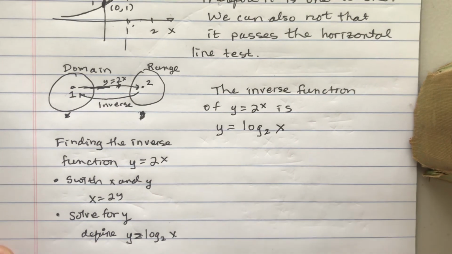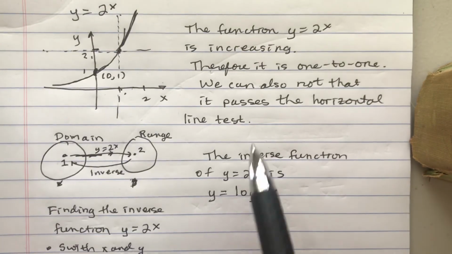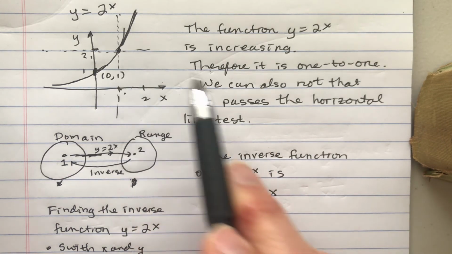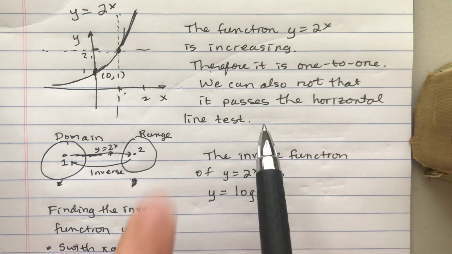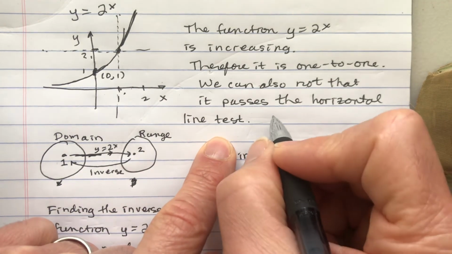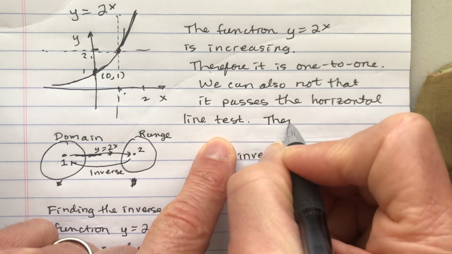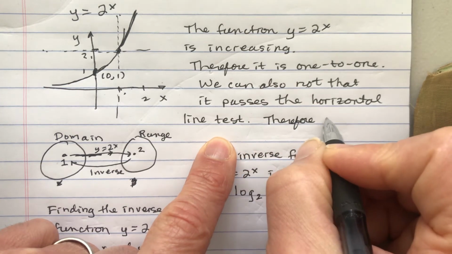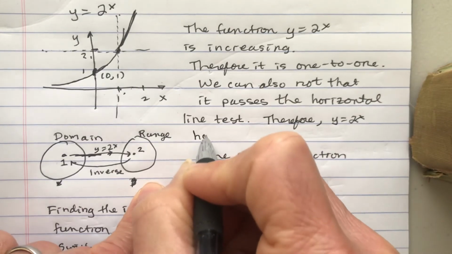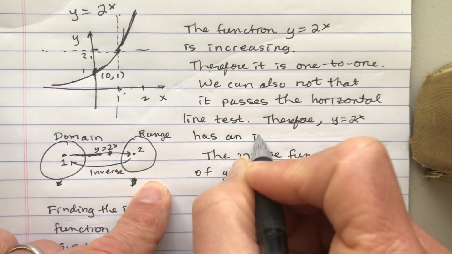Now also, let me go back over here. I talked about the function y equals 2 to the x being 1 to 1 and passing the horizontal line test. What I did not include here is, why did I care about being 1 to 1? Because it's 1 to 1, y equals 2 to the x has an inverse function.